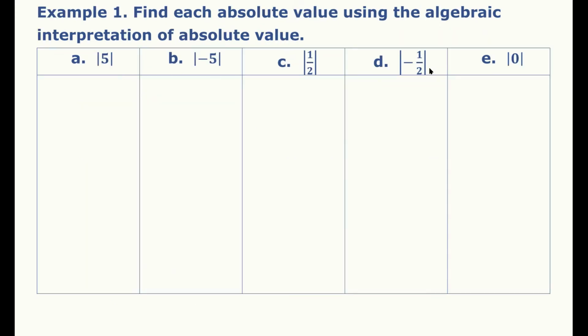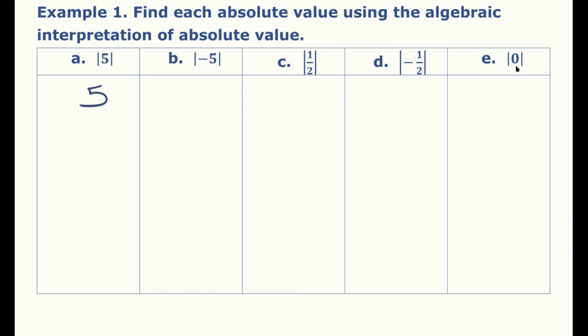Here we will find these absolute values using the algebraic interpretation, or definition, of absolute value. All right, so we notice that for the first one, we're taking the absolute value of 5, and 5 is of course greater than or equal to 0, right? Because 5 is non-negative, so its absolute value is going to be itself, okay?